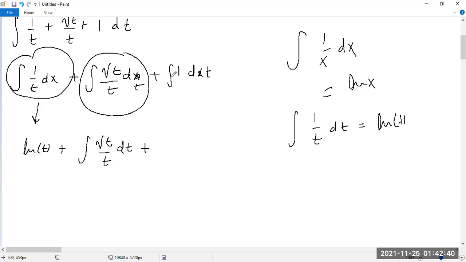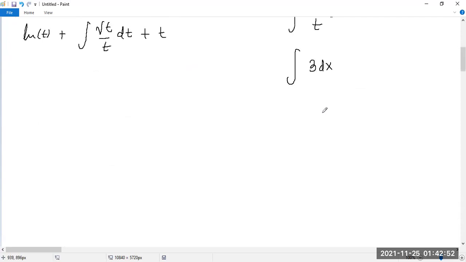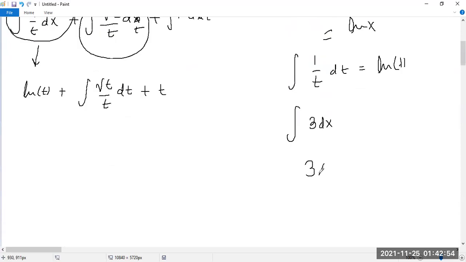And then the integral of 1 is just t. The idea behind that is if we're taking the integral of, let's say, 3, then the answer is 3x. If we're taking the integral of 2, then the answer is just 2x.